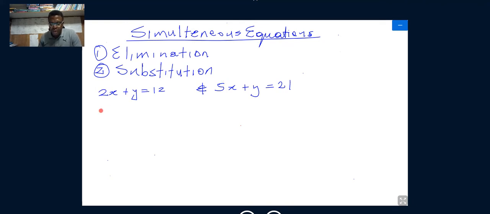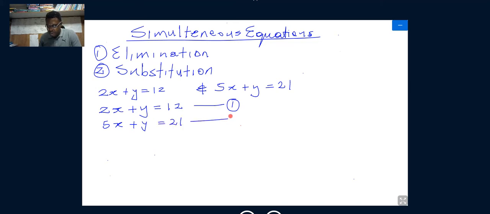Let us organize these equations. It's important for us to label them as equation number 1 and equation number 2. What is the next step?